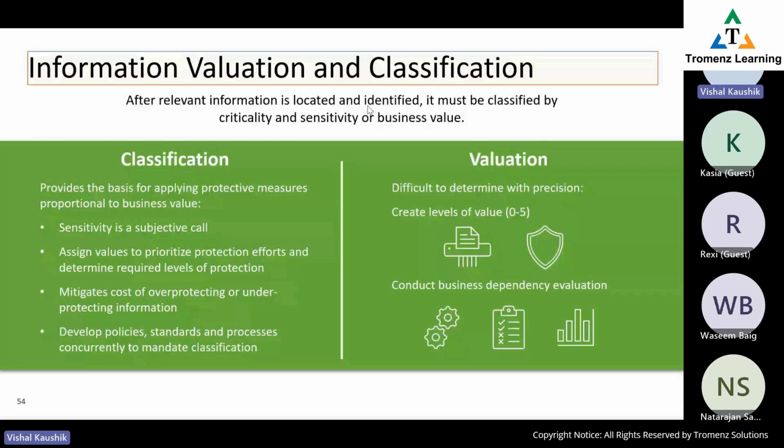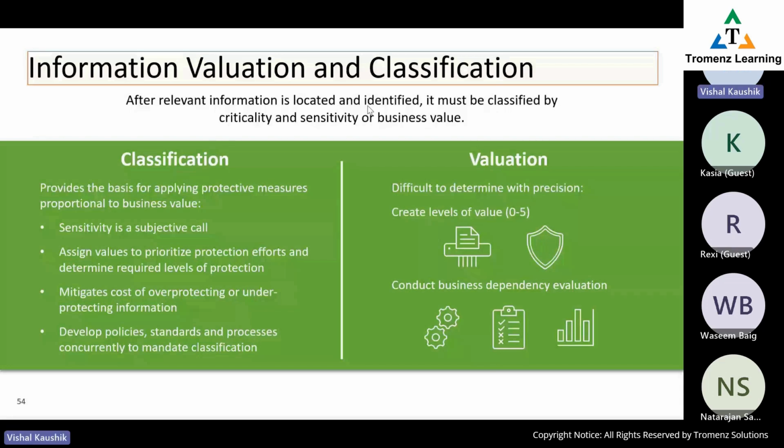Classification has to be done properly, so that you don't overprotect what is not important and underprotect what is high value. You need to know what the information is. That's what we are saying in the 3rd bullet point, the mitigation cost of overprotecting or underprotecting information.